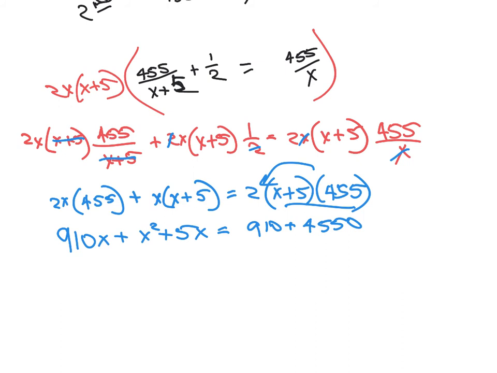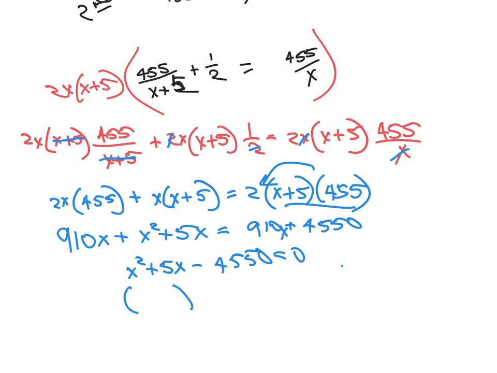And you end up getting 910x plus 4,550, and we manipulate things around. Our 5x stays there, minus 4,550 equals 0.